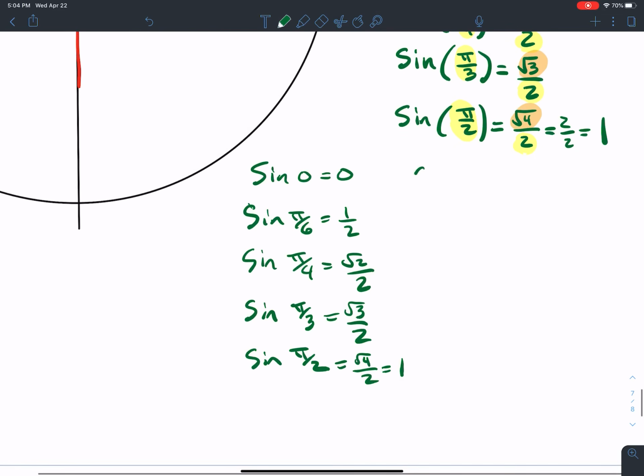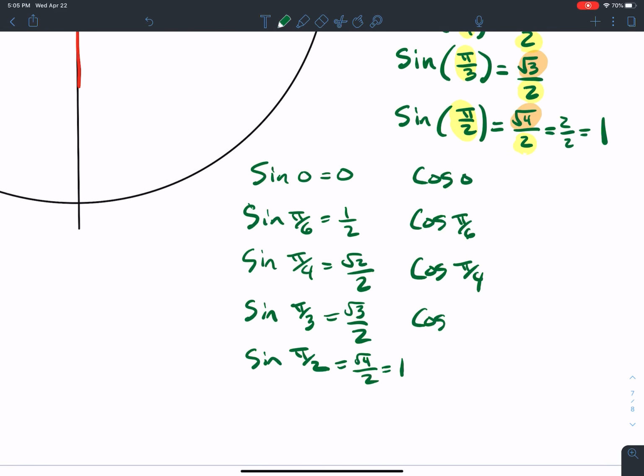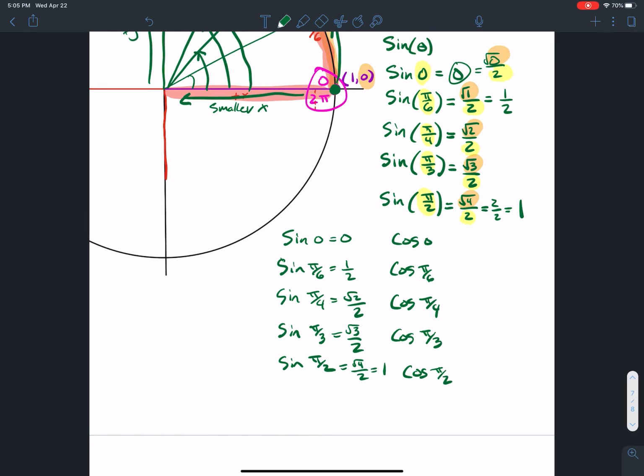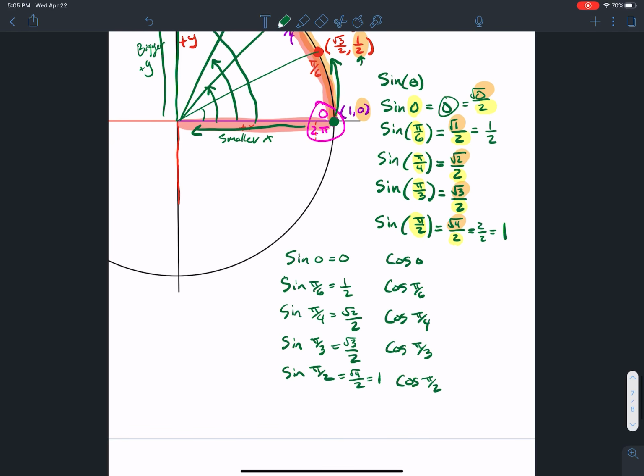Now the cosine of 0, the cosine of pi over 6, the cosine of pi over 4, the cosine of pi over 3, the cosine of pi over 2. Let's think about this. The cosine of 0, where is it at here? It's as far over as it's going to get. It's the 1 value. So that's 1, okay?